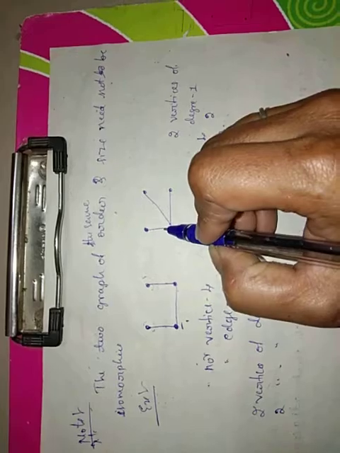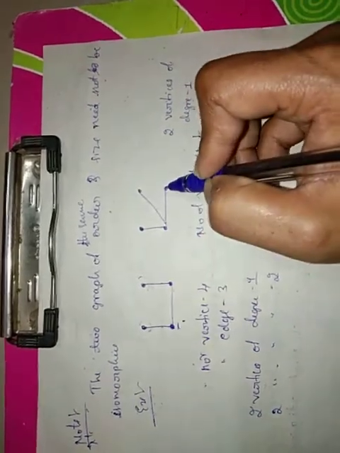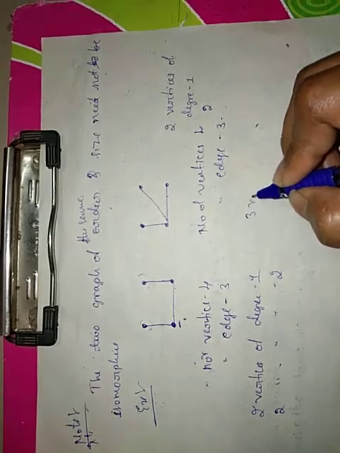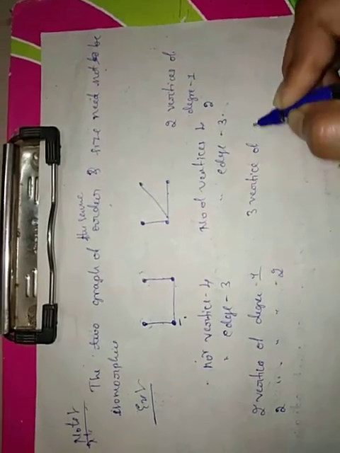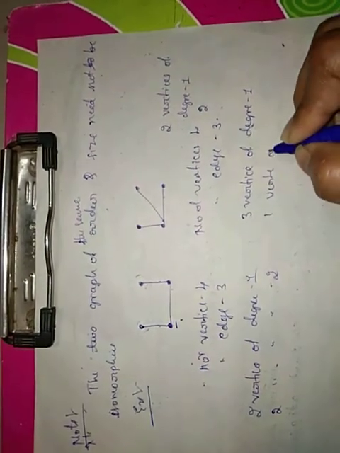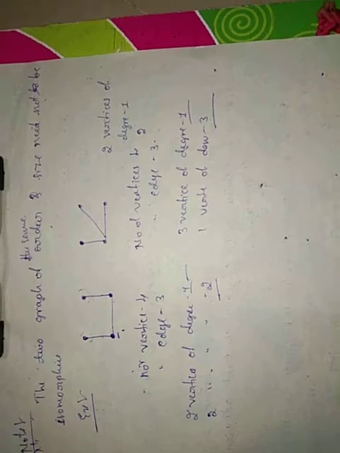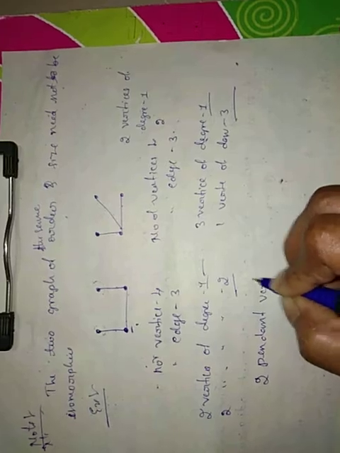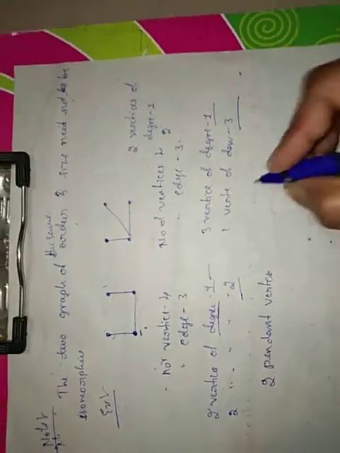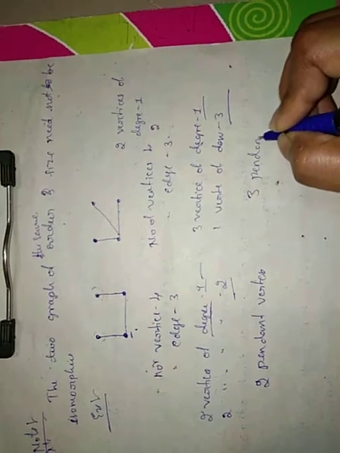The degree of this vertex is 1, this vertex is 1, and this vertex is 1. So 3 vertices of degree 1 and 1 vertex of degree 3. So the third condition, an equal number of vertices with the given degree, is not preserved here. We can also say that the first graph has 2 pendant vertices, meaning of degree 1, while 3 pendant vertices are present in the second graph.